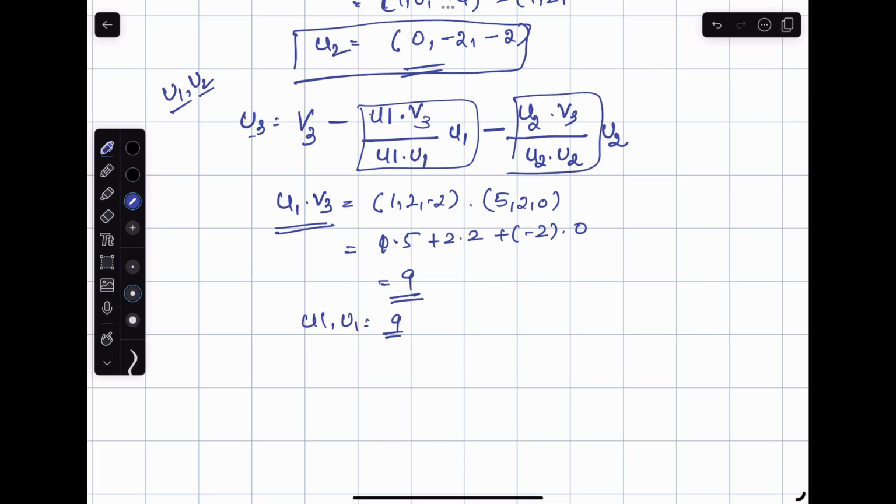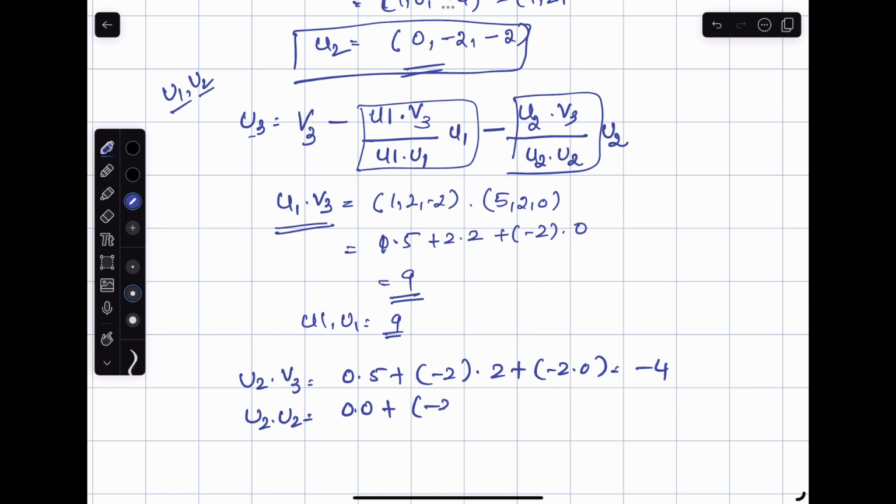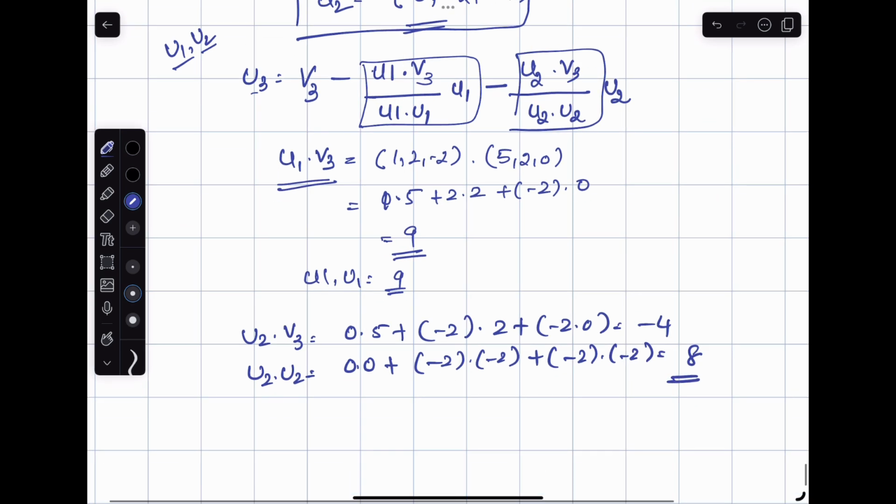Now let me find the second projection, u2 over v3. I'm writing it directly so that the video isn't lengthy. The answer is minus 4, and u2 · u2 I get as 8, if I am not wrong. Yes, 8. Now let us substitute.